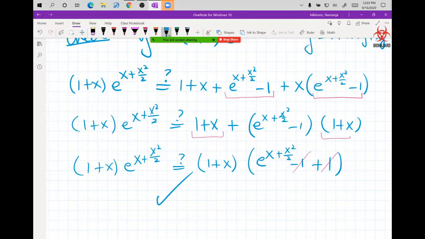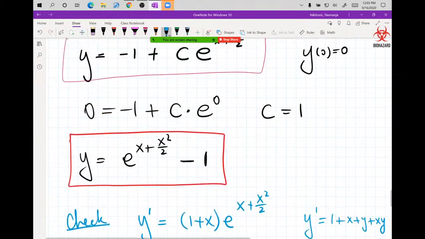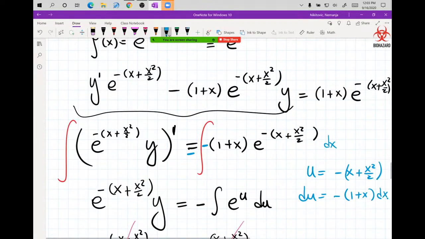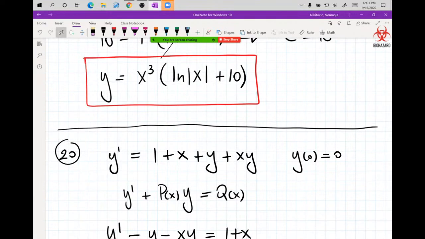So please make sure you are categorizing all of this. You are thinking about what the problems look like, and learning the form for integrating factor, what the problems should look like, right?